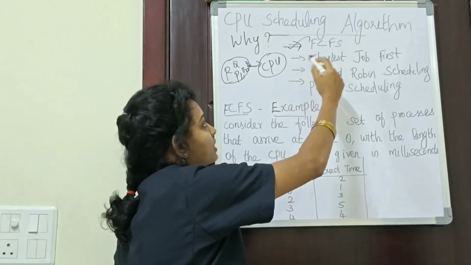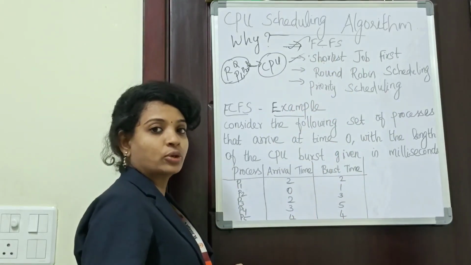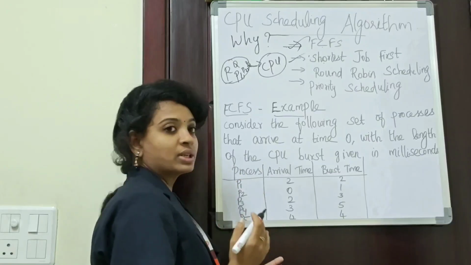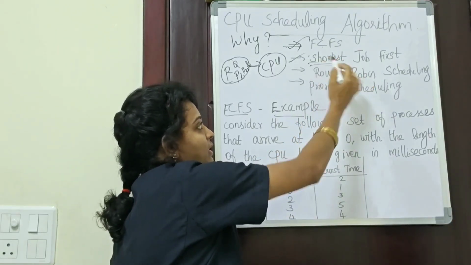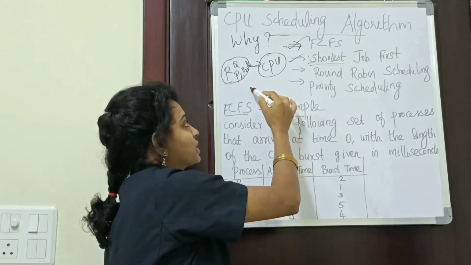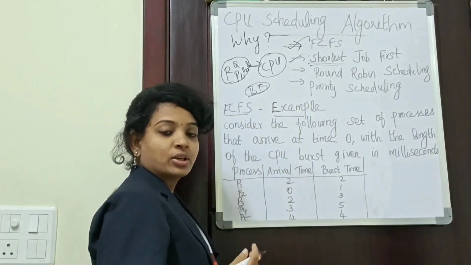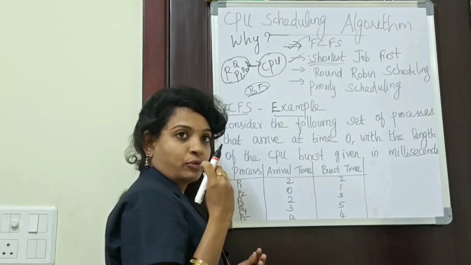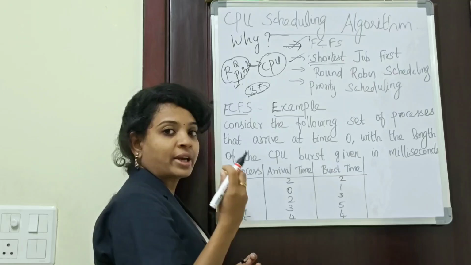Then next, shortest job first scheduling. Shortest job first scheduling means, based on the time given for the process, the burst time, or the process execution time. Each and every process will be executed for a certain amount of time.